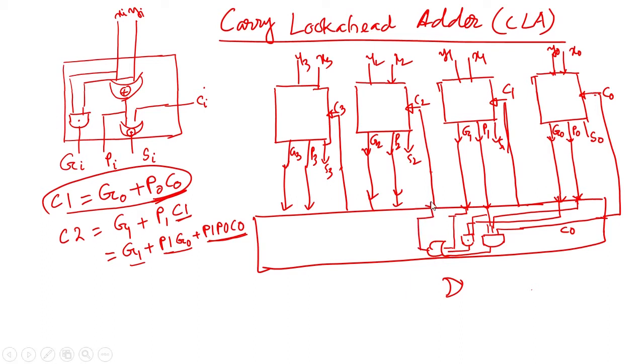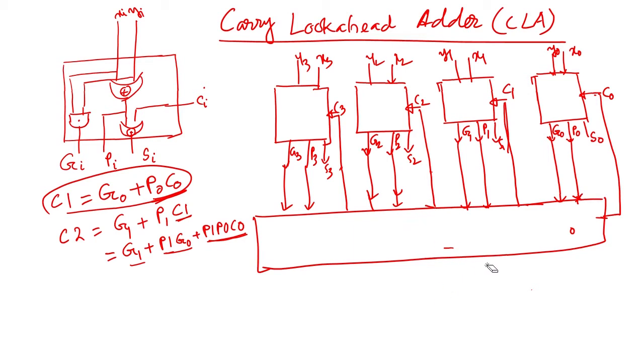So, altogether, similarly C1, C2, C3, we say this is AND OR logic. Okay. Because all these inputs are available, we say it is an AND OR logic circuit. That will take 2 gate delay, this one, this is 1.